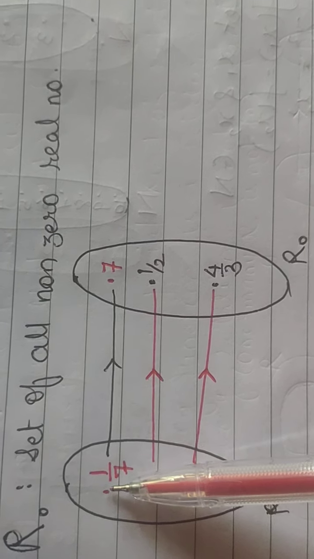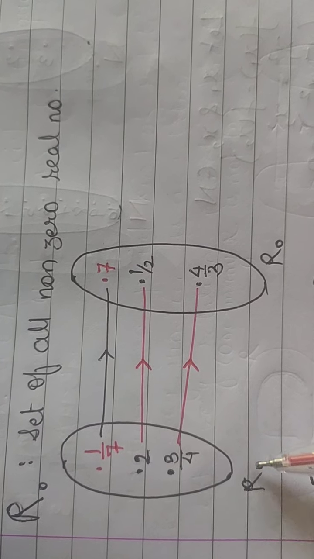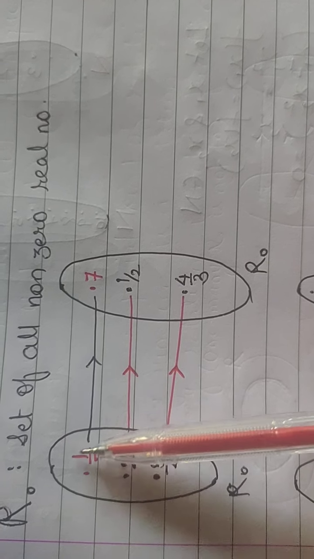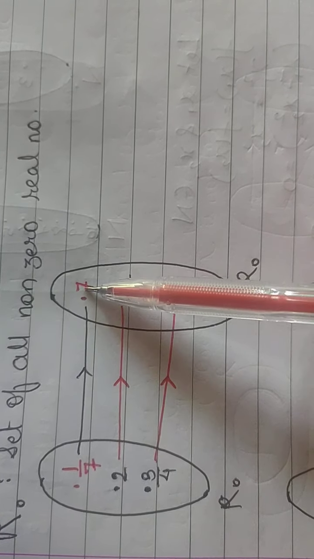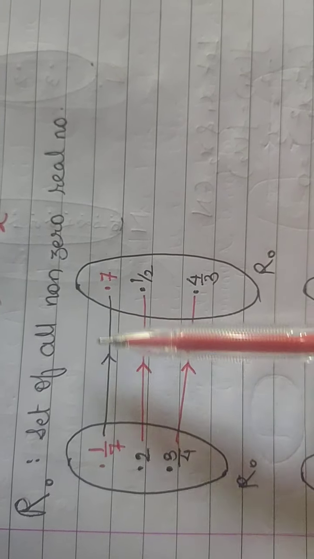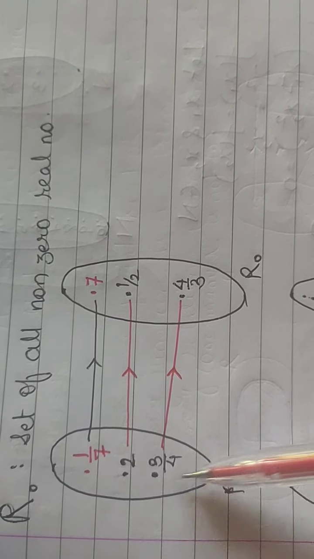Suppose the number 1 by 7 in R0 in the domain set. Its reciprocal is 7, so we can relate this with 7. So this 7 has the pre-image in the domain set.